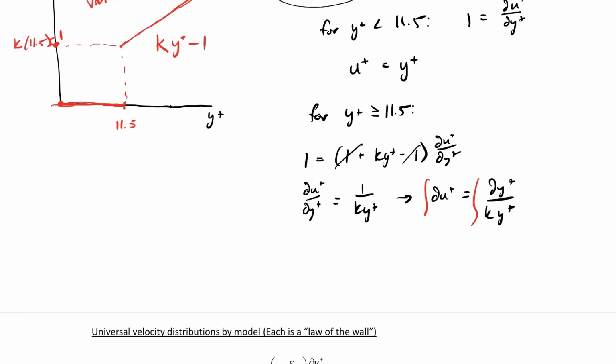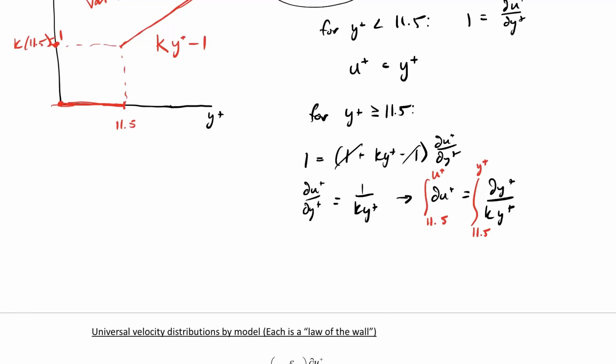So we're going to integrate the left-hand side from 11.5 up to u plus, wherever we decide that is. On the right-hand side, we're also doing the integral from y plus equals 11.5 up to y plus. Why 11.5 on both?